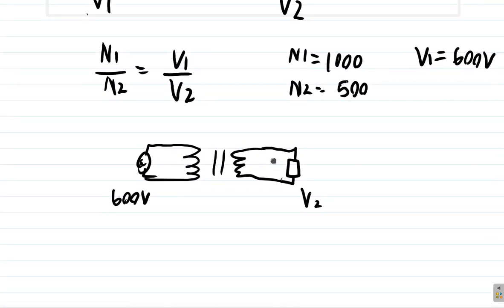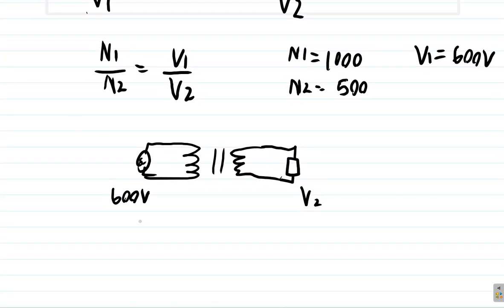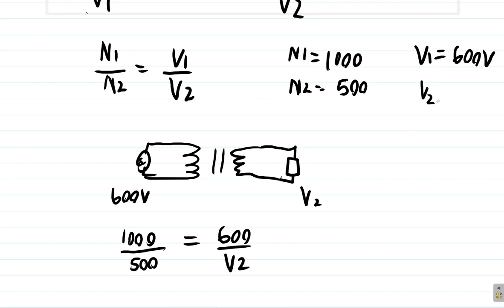I mean at V2, the secondary voltage. You're going to have N1, 1000 turns, divided by N2, which is 500 turns, is equal to V1, 600 volts, divided by V2, whatever it is. Because remember, V2 you don't know. Put a question sign there.